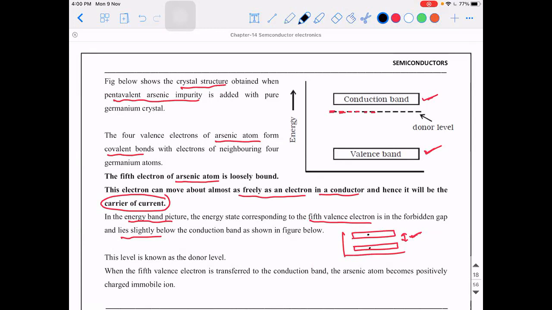Whereas in an N-type semiconductor, the electron is neither in the valence band nor in the conduction band; since it is close to the conduction band, even if you supply a smaller amount of energy, this free electron will be able to go to the conduction band, and our conduction process will become simple. The level of energy just below the conduction band is what is called the donor level.